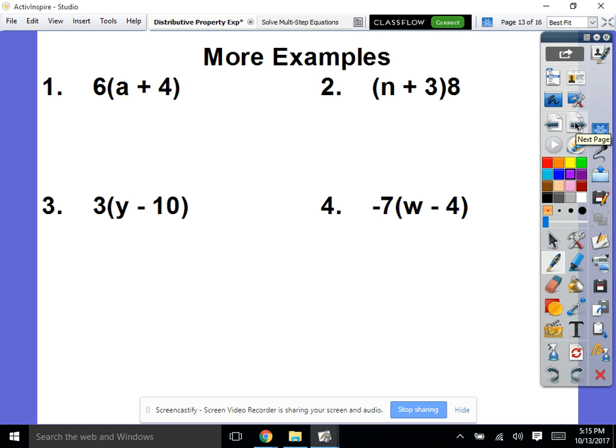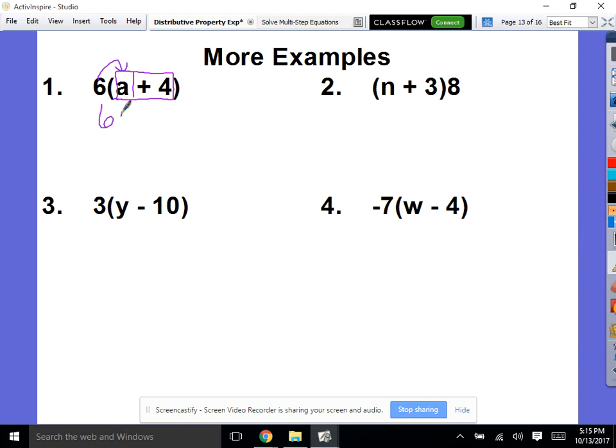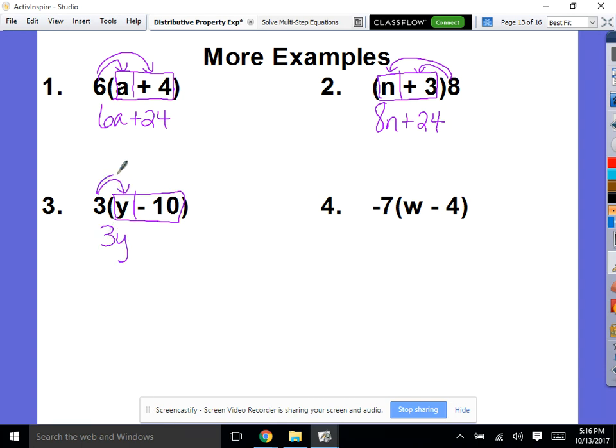More examples. 6 times a is 6a. 6 times positive 4 is positive 24. 8 times n is 8n. 8 times positive 3 is positive 24. 3 times y is 3y. 3 times negative 10 is negative 30.